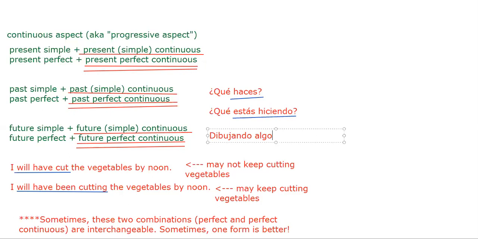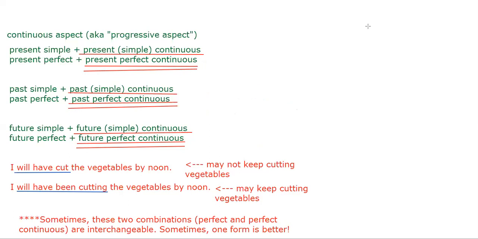They would respond with this verb here, dibujando, which is like an ing form for Spanish, because either way, it's a progressive meaning. So people would understand what you mean either way. It's a slight difference in meaning, but they're the same. So it's like that in Spanish.